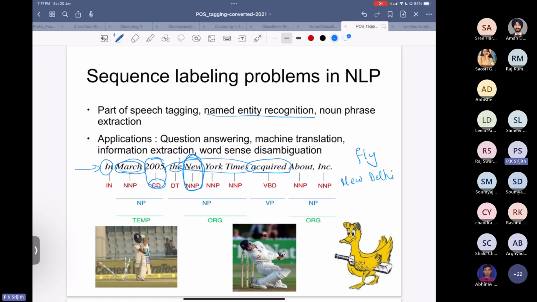So in will have a label O. March will have beginning of a named entity, B. This is inside a named entity, I. The is outside, O. New is beginning, so B. York is inside, I. Times, I. Occurred is outside, O. About, beginning, B. So instead of these part of speech tags, in the case of named entity recognition, the sequence of outputs that you want to predict will be something like this: O B I O B I O B I, etc. And from that you can figure out what are the different named entities present in the sentence.